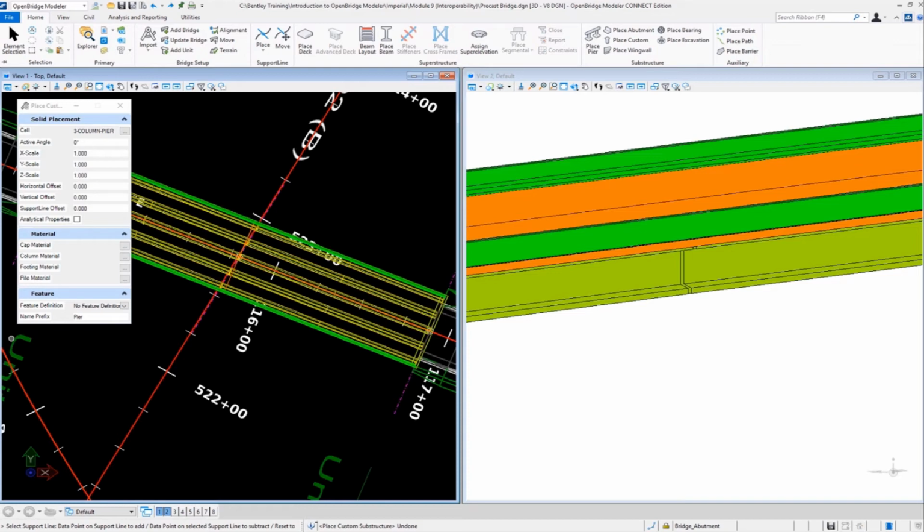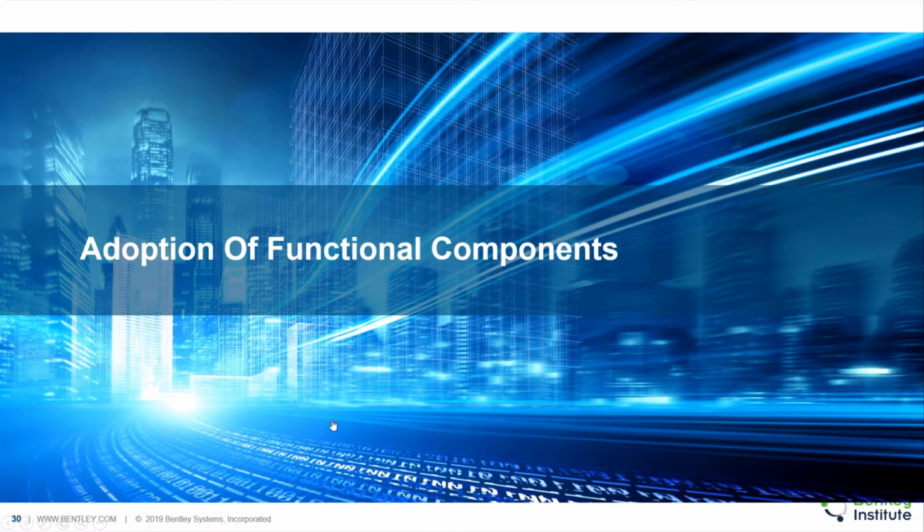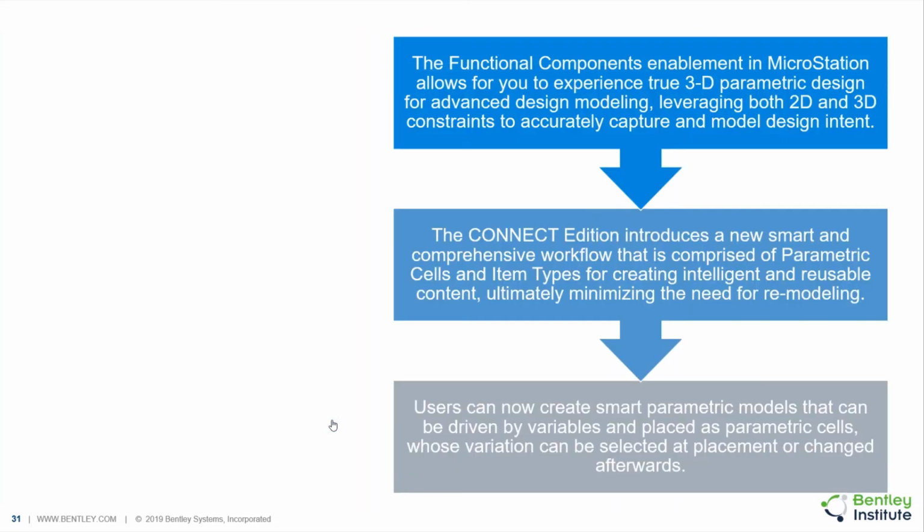But in April, you will see what is coming, right? So jumping into that, this is what we're doing for our April release: the adoption of functional components, right? And on functional components, what we're trying to achieve is that a functional component is something in MicroStation in which you can create your own parametrics, right?